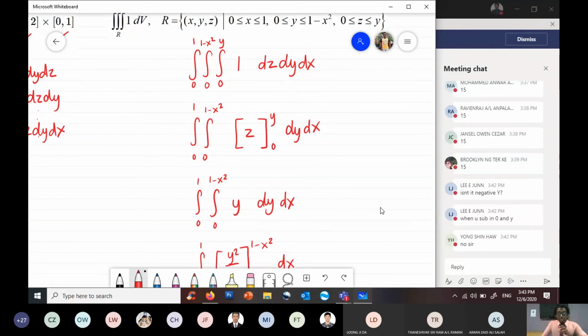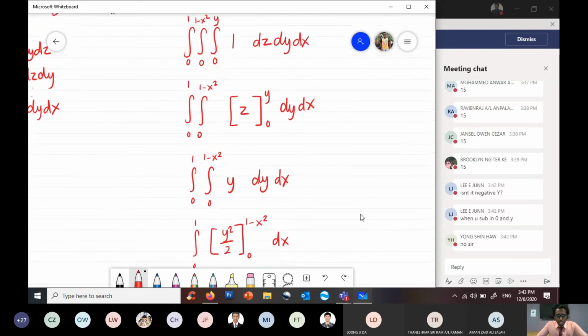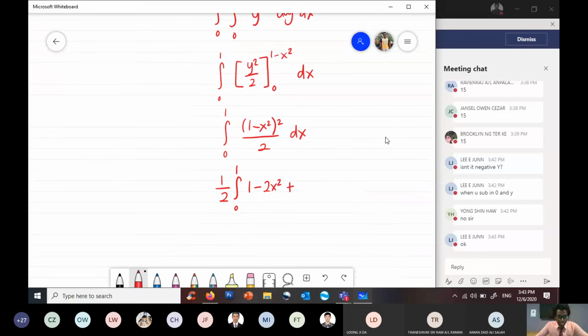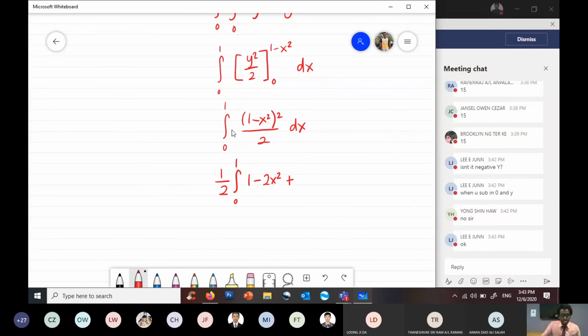No, because when you substitute, you put in the upper limit first, then only the lower limit. So you put in y, it becomes y, minus 0, it becomes y. Okay, always substitute the upper limit first. So that's why it's not a negative y. Am I right? Yes, I'm right. Upper limit first. Anyway, so coming back to this, it would become x to the power of 4, and a dx here.